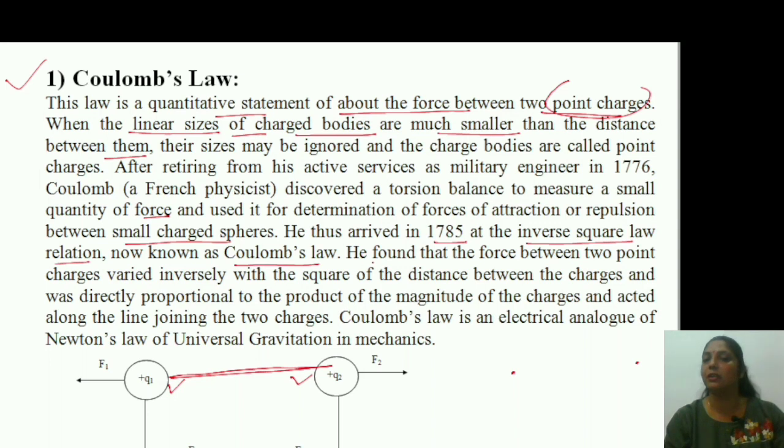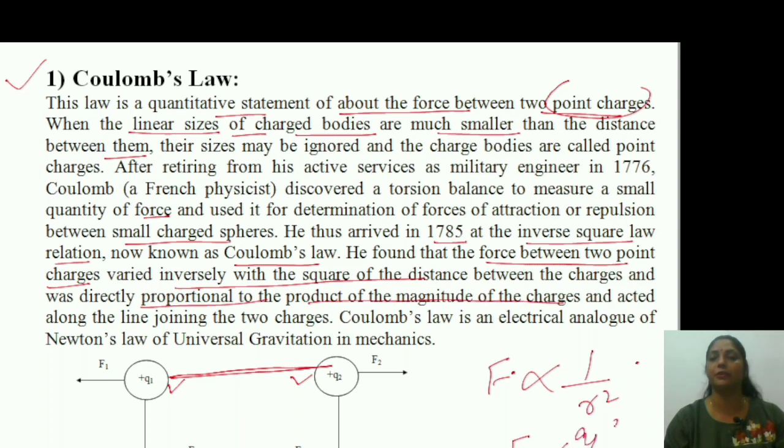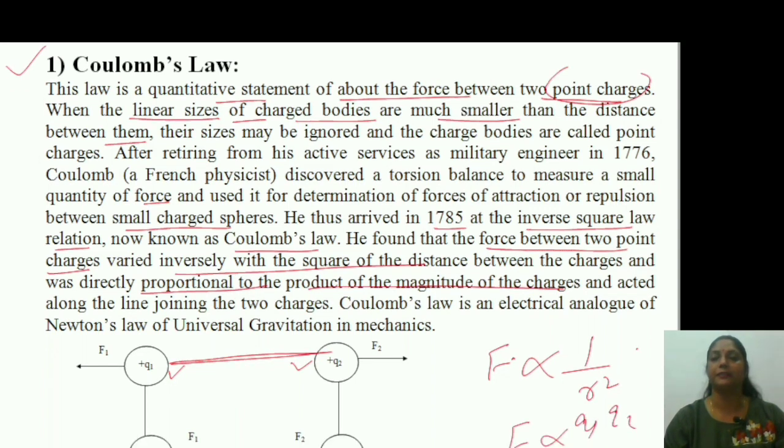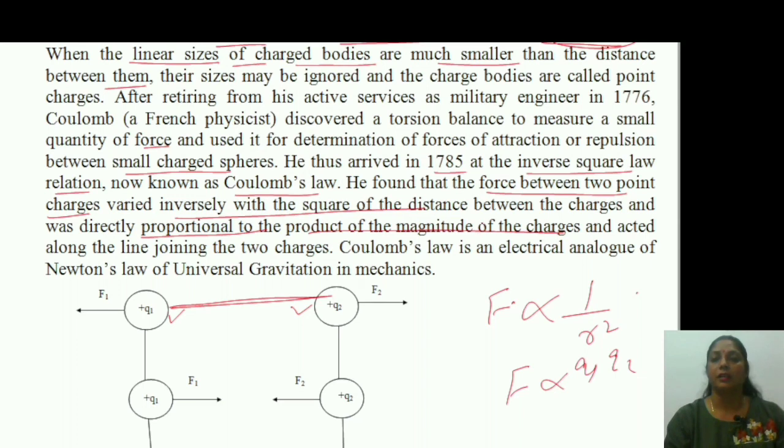According to this law, the force between 2 point charges varies inversely with the square of the distance between the two charges. Force is inversely proportional to the square of the distance between the two charges and also directly proportional to the product of the magnitudes of charges. It means force is directly proportional to Q1 and Q2, right? Okay, and acts along the line joining the two charges.